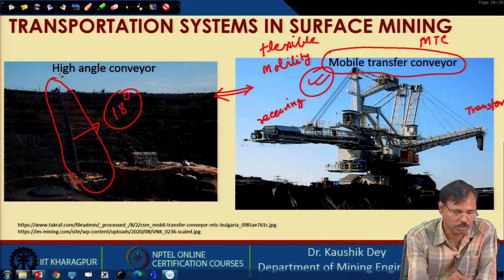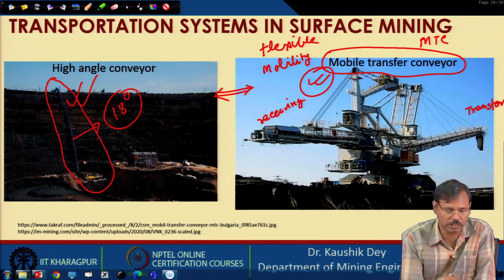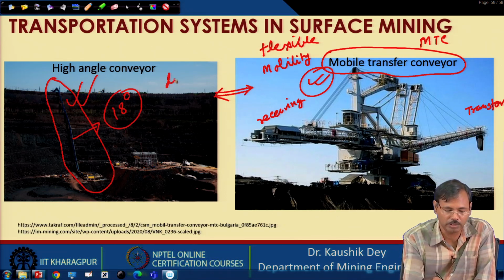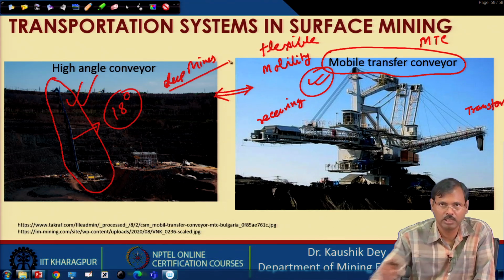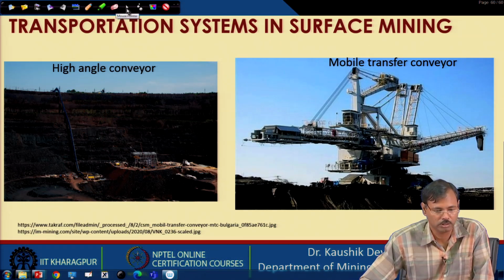And the high angle conveyor is a very good system to negotiate high inclination in the case of deep mines. In deep mines, high angle conveyors are very popular and useful techniques of transferring the material.